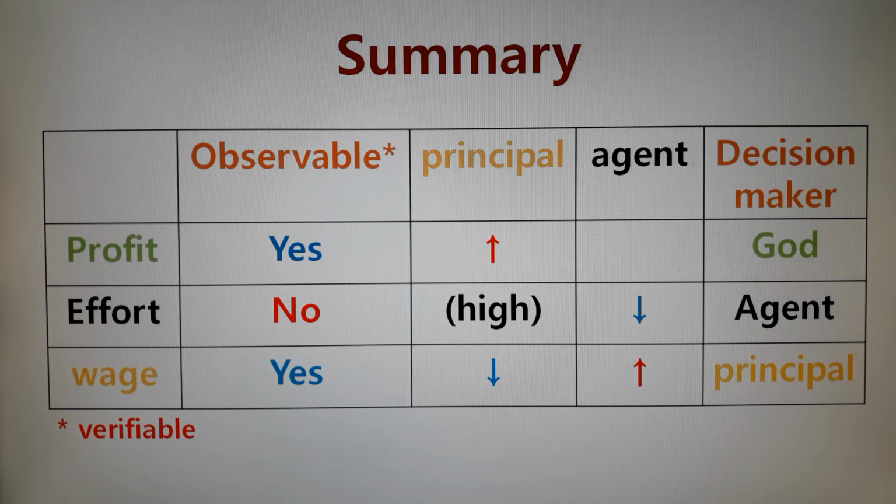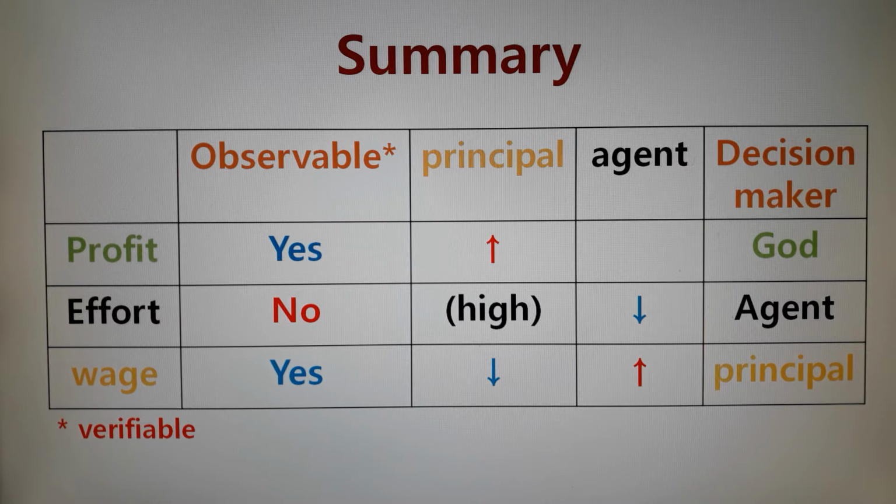My TAs would have a problem because they work very hard and think the students studied hard. But then I came back and said, I looked at it, the students didn't study hard, so I cannot raise your scholarship. So unless something is observable, you cannot base the evaluation or your wage on it.